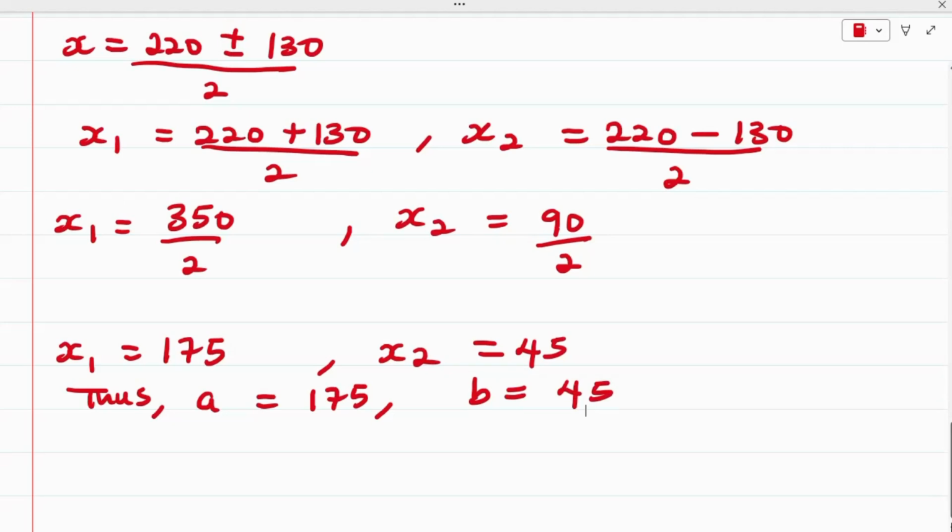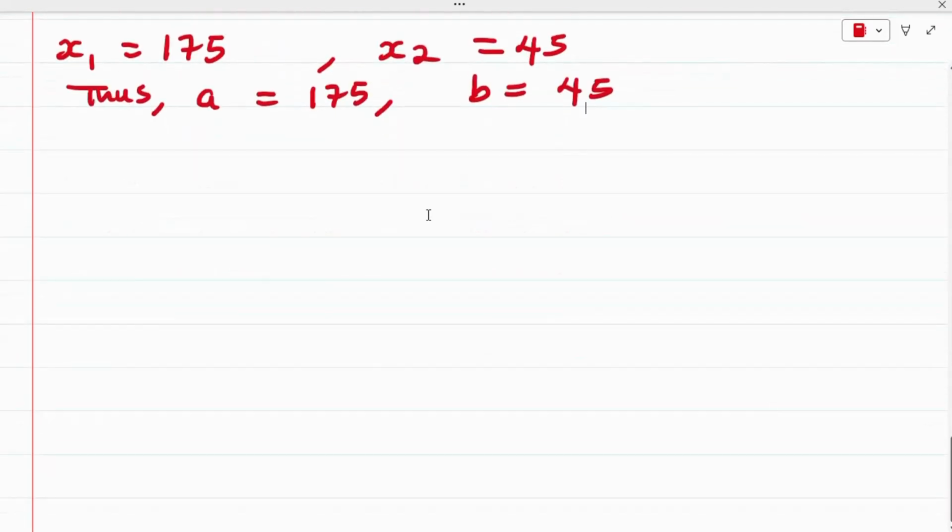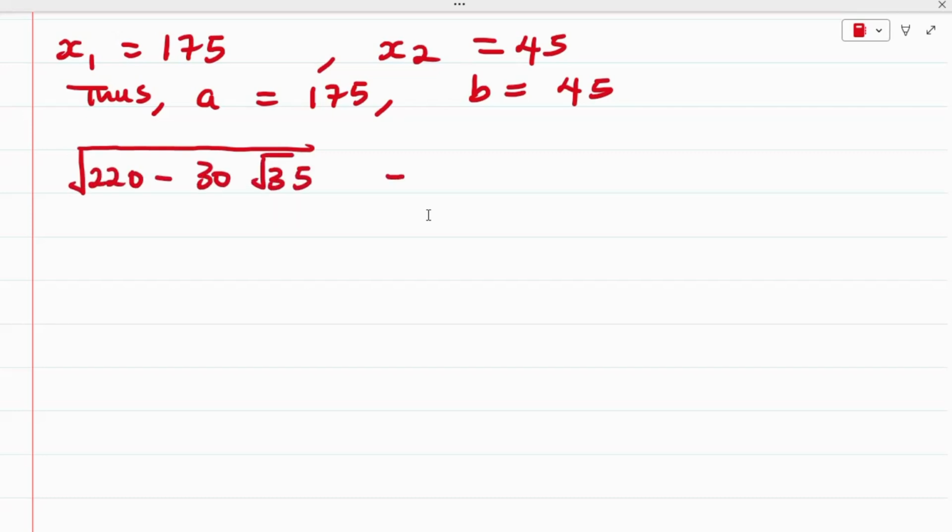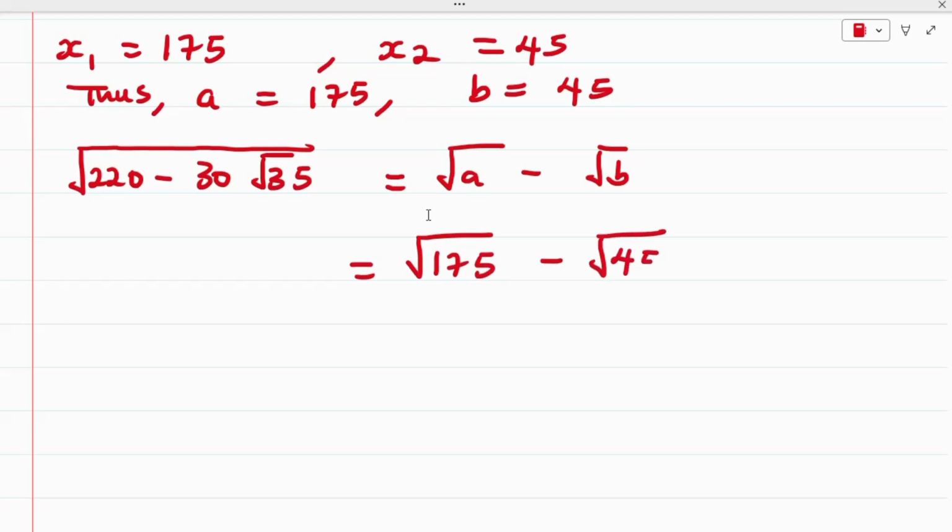So we have been able to find the values of a and b, but recall that we have the expression that the square root of 220 minus 30 times the root of 35 is equal to the root of a minus the root of b, right? So this is equal to the root of a, we have it to be 175, minus the root of b, which is 45.